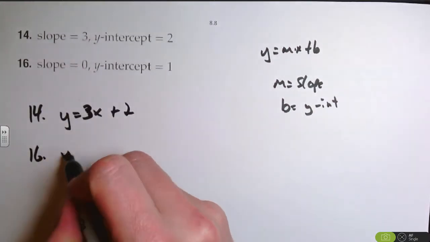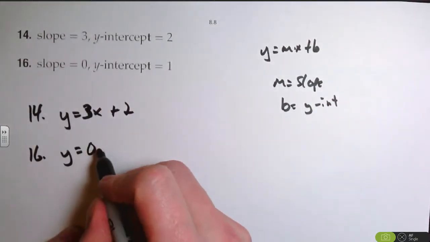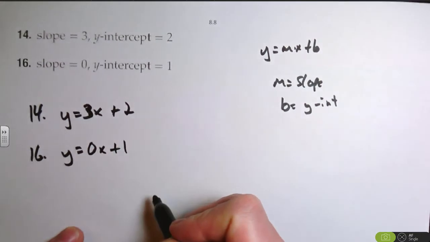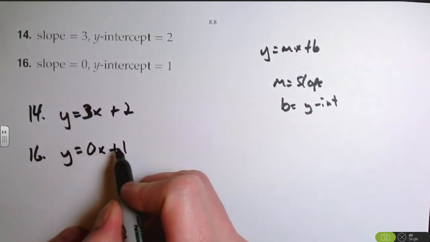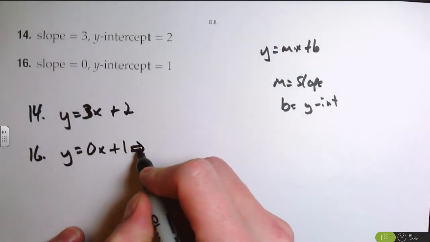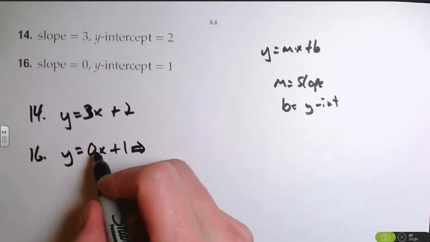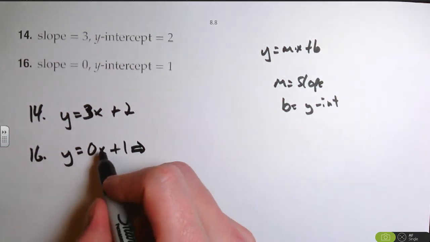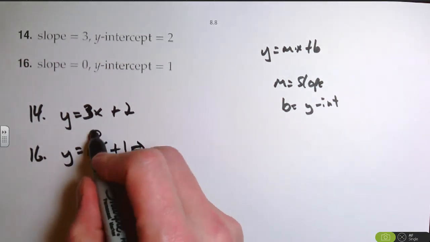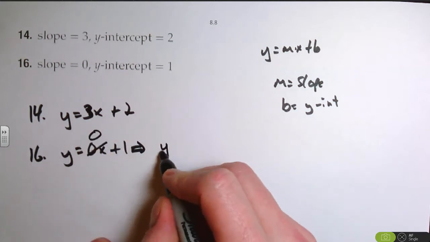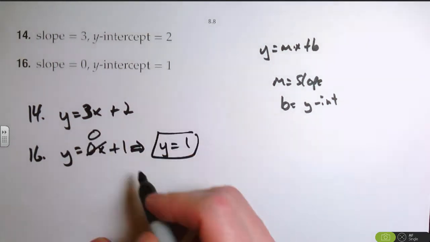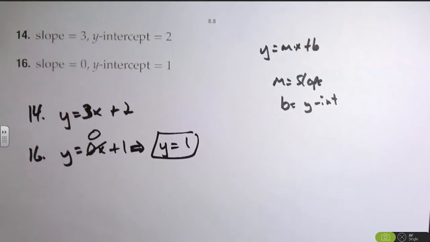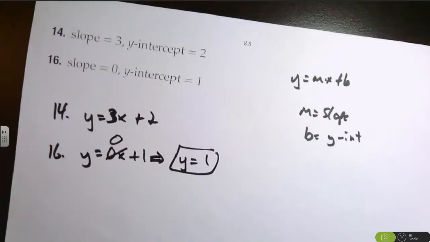Y equals the slope, which is 0, times x plus the y-intercept, which is 1. So 0x plus 1. Now what some textbooks will do, or what you'll do in Algebra 1 at least, is you won't leave it as 0x plus 1. Since 0 times x is 0, and then 0 plus 1 is 1, you'll just simply say y equals 1. Okay, so there we are, writing equations given the slope and the y-intercept.